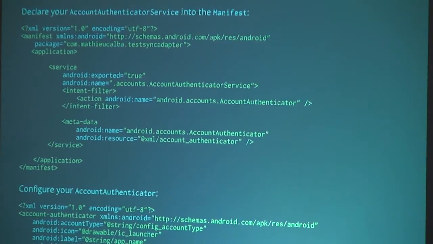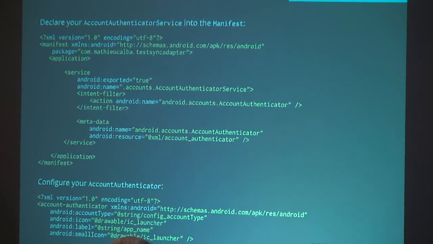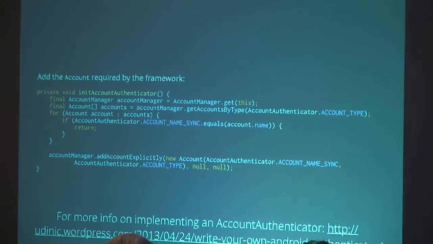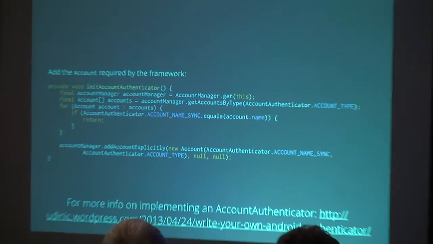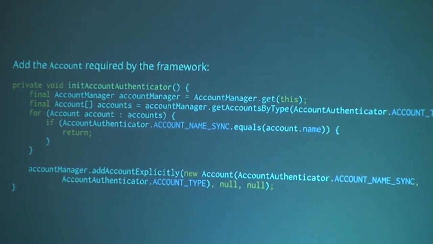So we need an XML file, the account authenticator XML, and I don't know if you can see it because it's right below, but the important part is that we need an account type corresponding to our account authenticator. And then we need to add the account required by the framework, because the SyncAdapter only works for one account or many accounts.